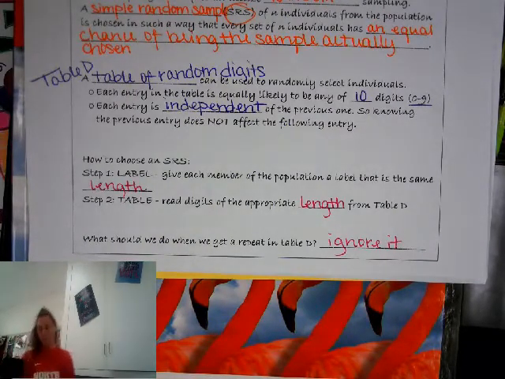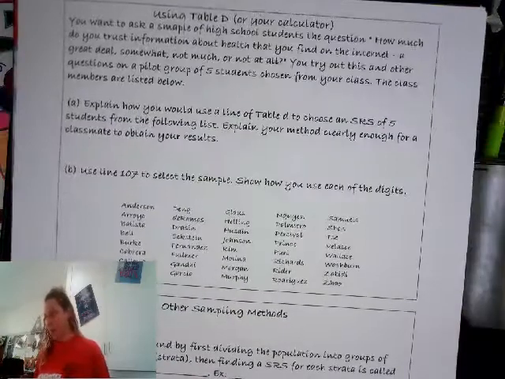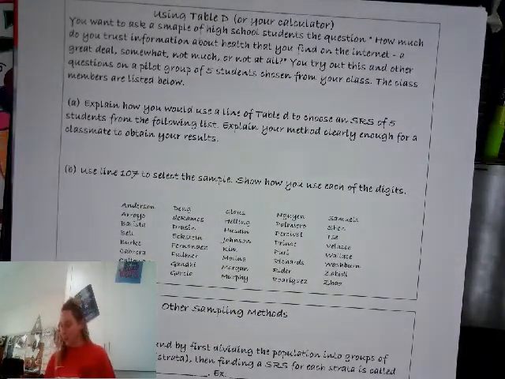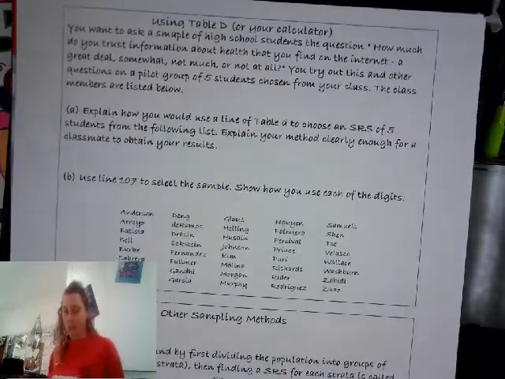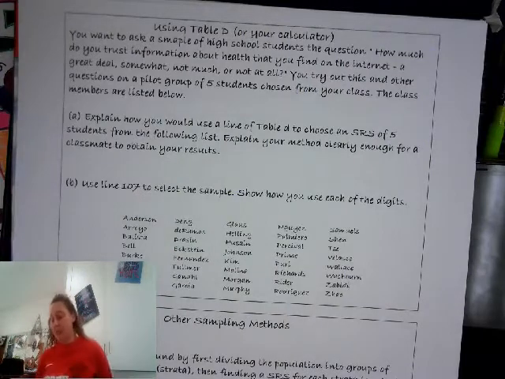All right, so we're going to use table D, or your calculator. If you have a graphing calculator, I can show you how to do it on your calculator, much easier. If you don't, though, table D works great. So you want to ask a sample of high school students: how much do you trust information about health that you find on the internet?